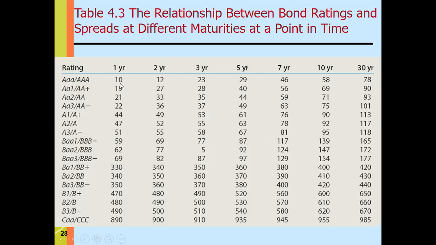You can notice that the years are increasing, as well as the spread, from 1 year to 30 years. With the AAA rating, that's increasing. From the rating, top to bottom, we can notice that for 1 year, the spread also increases. So these are spreads here.